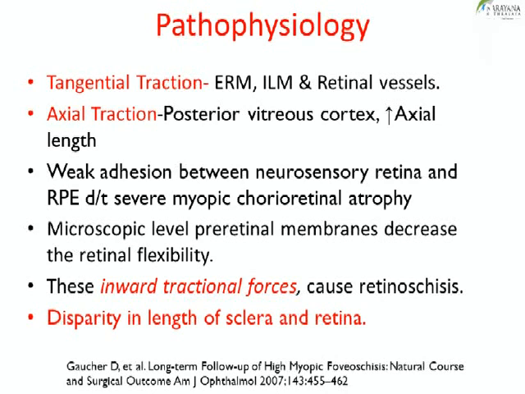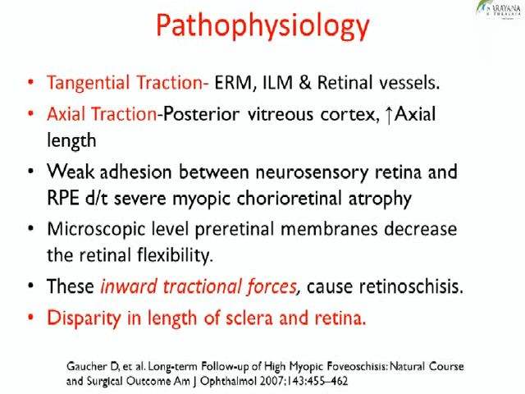And one important thing is clinically you may not see any membranes or epiretinal membrane on the retinal surface, but on microscopic examination many times you see membranes, and splitting of the vitreous cortex is very commonly seen. And the other thing is there is a disparity in the length of the sclera and retina. So all these factors lead to myopic foveosis.